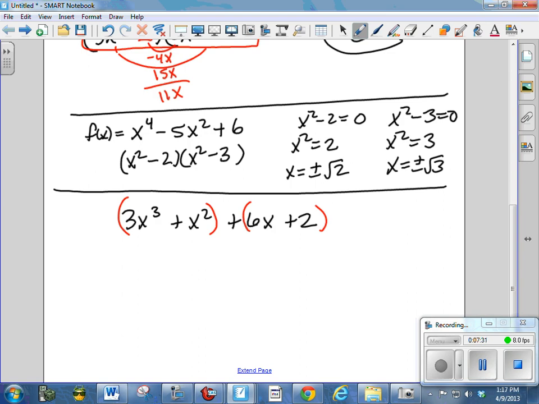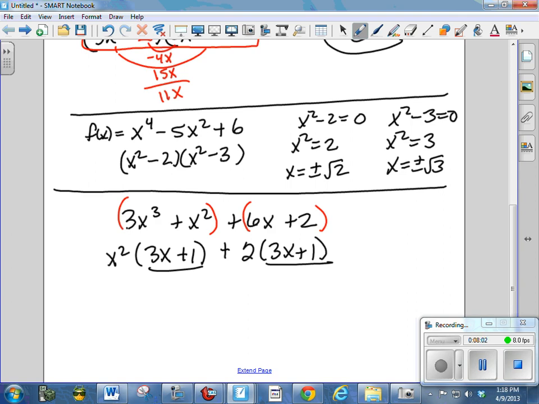So if I factor out here a 3x, I get x squared plus 1. No, sorry. If I factor out a 3x squared, let's try this again. If I factor out a 3, no, I can't factor out a 3 at all. Sorry about that. I can factor out an x squared. Half point, you're all screaming, I know that. 3x plus 1. Here I can factor out a 2 and I get 3x plus 1. So notice I have a common factor of 3x plus 1.